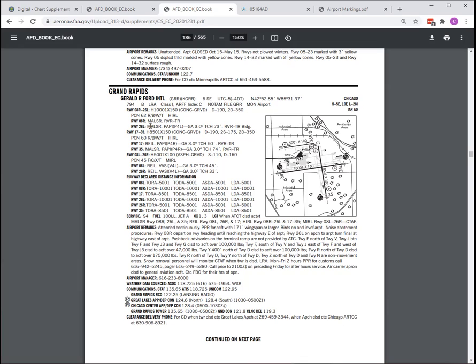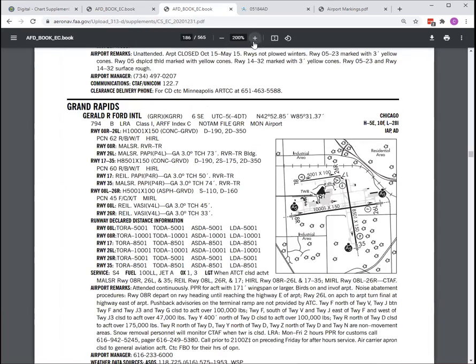This is where you can get the tower frequencies, runway lengths, obstacles, and really great pieces of information. So the first thing that you'll notice is you have a drawing of the airport.